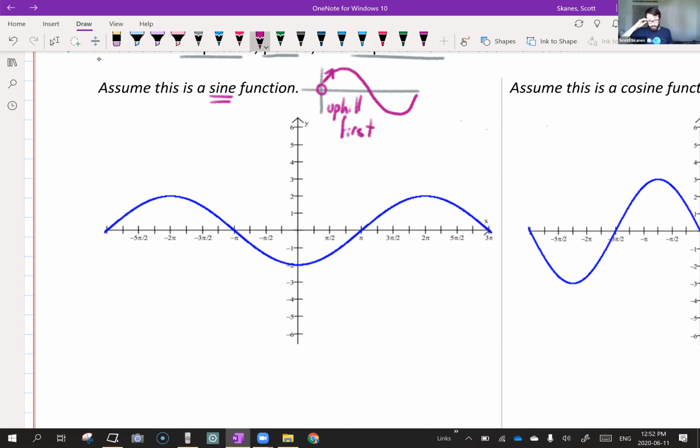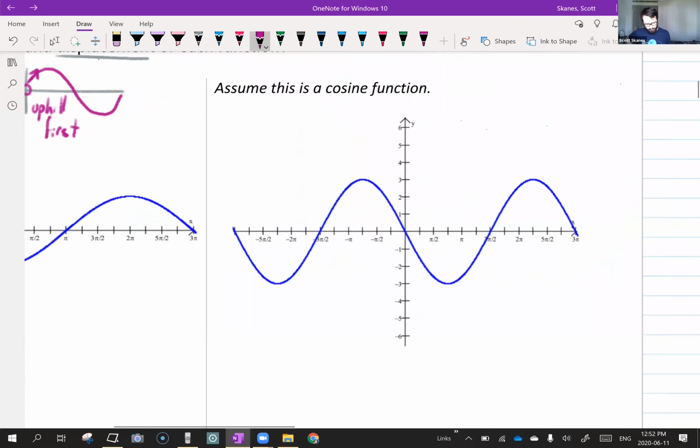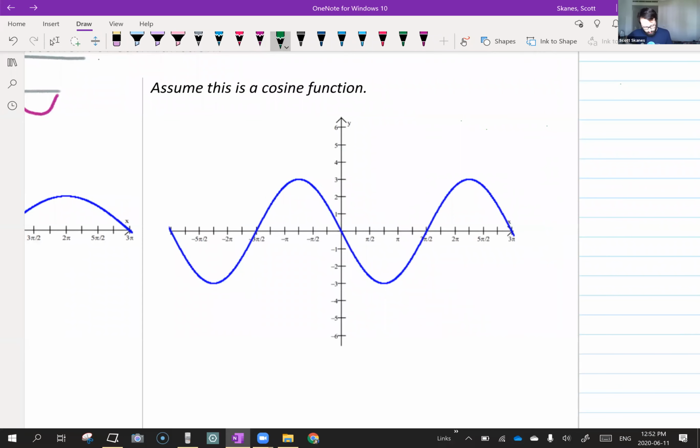Now the important thing, why isn't the second one sine? Do you mean this one? Yeah, this one. The important thing to mention, I'll answer your question in a second. Let me just draw this graph so that we're clear. Cosine starts like this. It starts at a top, comes down, and then goes back up.